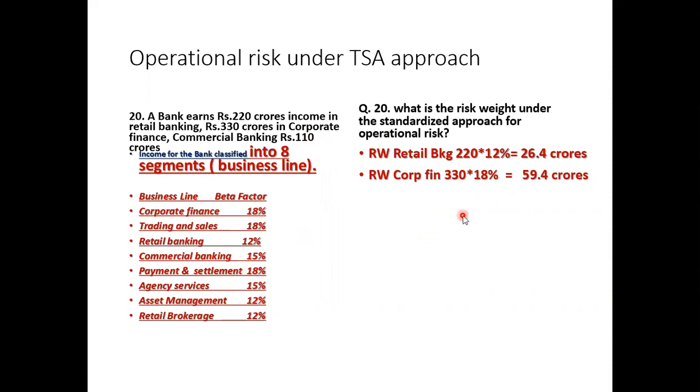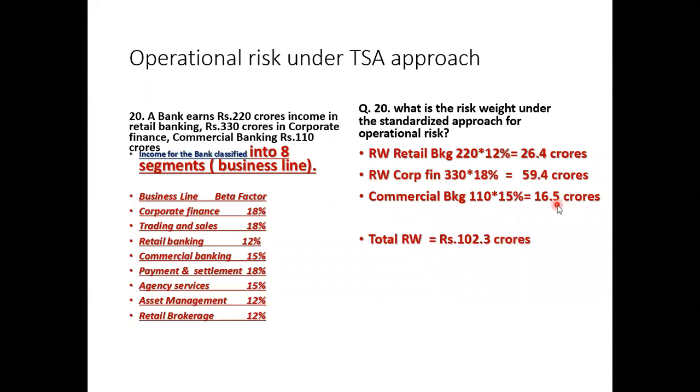These things you have to remember. Okay, so 3 or 4 they will give. So commercial banking 110, risk weight is 15%, a different risk weight. Under the basic indicator approach, uniformly 15. Here, depending on the business, 16.5 crore, total 102. On that capital is 9%.